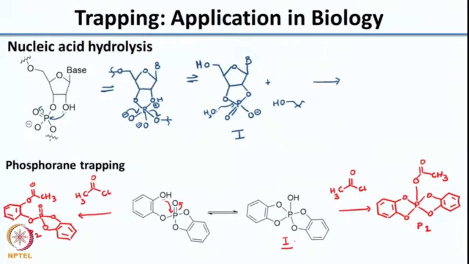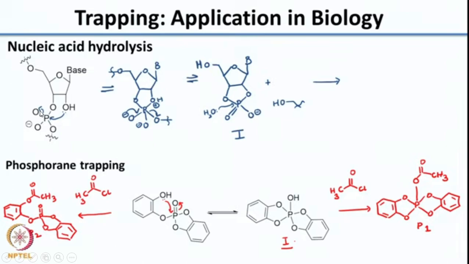Now let's talk about the application of trapping in biology. Here we have nucleic acid hydrolysis. You can see here this OH will attack on phosphorus, and this oxygen phosphorus bond will break and O negative will generate over oxygen.